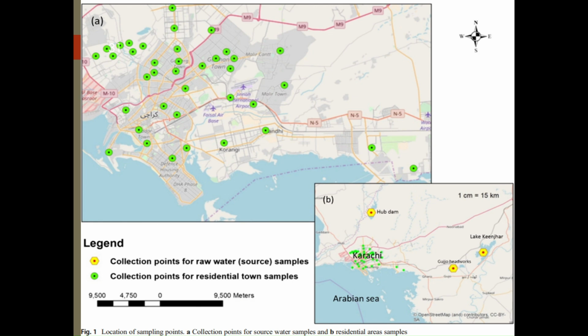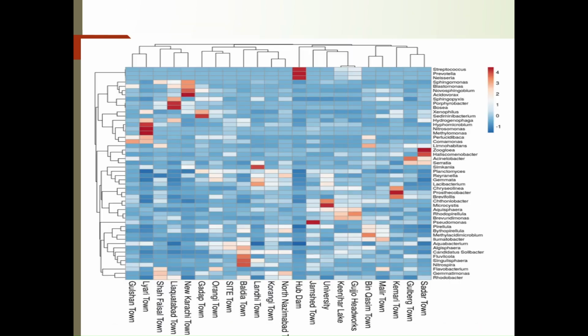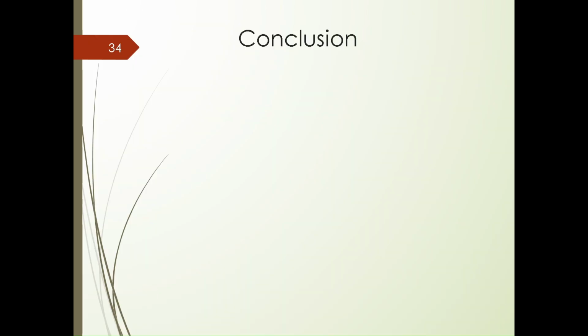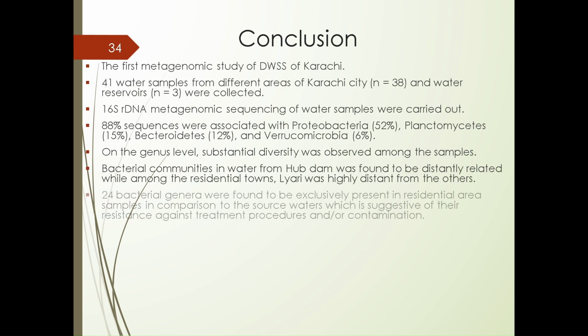And then we carried out metagenomic sequencing followed by bioinformatics analysis, and we found that there are considerable differences in the bacterial microbiome in the water samples being supplied in Karachi.